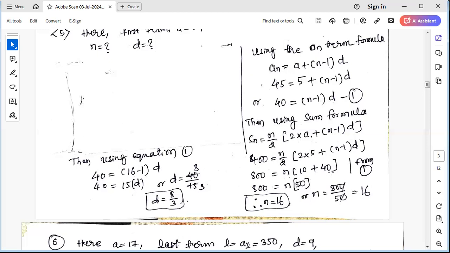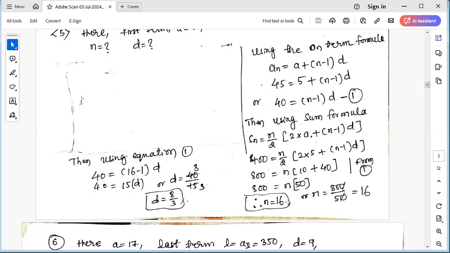From equation 1 it is 40. So therefore 800 is equal to n into 10 plus 40, that is 50. Or n is equal to 800 divided by 50. So that gives 16, because the zeros get cancelled. 5 ones are 5, 5 threes are 15, 16 is 80. So therefore n is equal to 16.